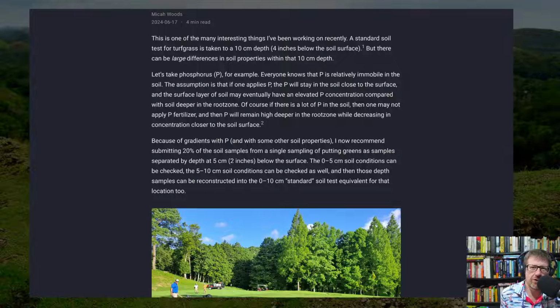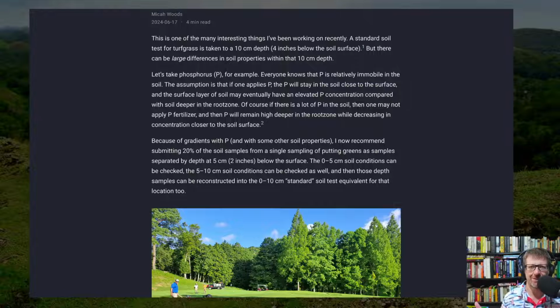And I put a footnote in there in that blog post, and the footnote was, if you're in New Zealand, you probably have a good reason not to, because I understand that the standard in New Zealand, as recommended by the NZSTI, is a 7.5 centimeter or 3-inch depth. Now, I prefer 4 inches or 10 centimeters because most turfgrass has roots that go down to 10 centimeters.